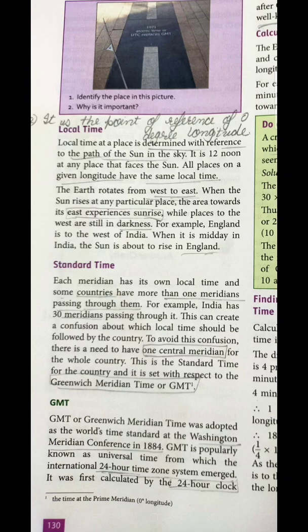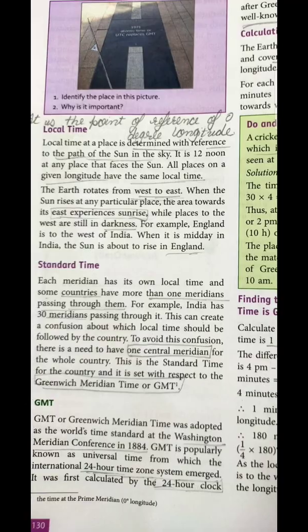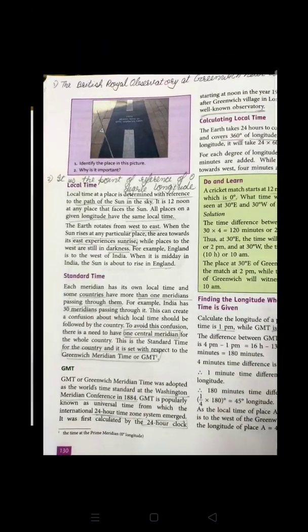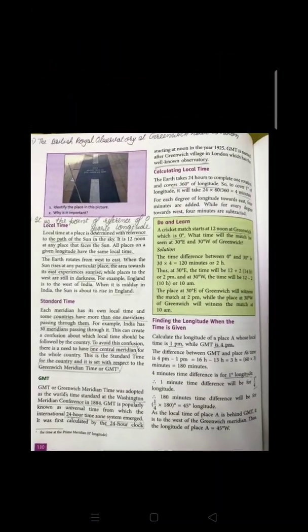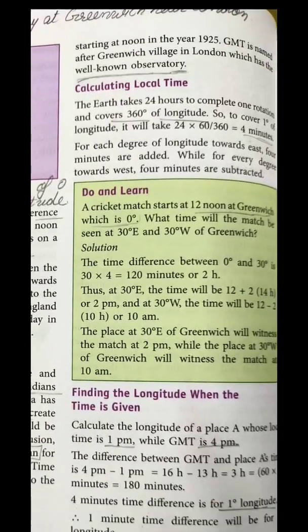This GMT is a kind of universal time that emerged at an international level. The 24-hour time zone system emerged, and GMT is named after Greenwich in London, which is well known for its observatory.